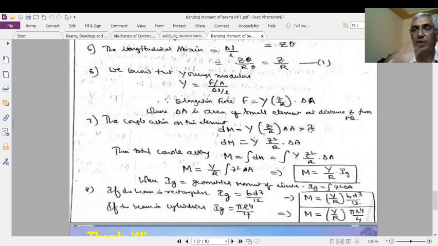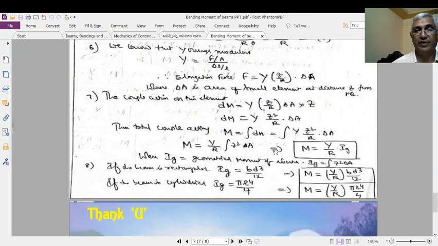Therefore, dM is equal to Y into this force into the perpendicular distance Z. From the neutral axis, this layer is at a distance Z. Therefore, dM is equal to Y Z by R into Z into delta A, which is Y by R into Z square delta A. To get the total couple, you have to integrate, because the beam is nothing but a pile of continuous layers.